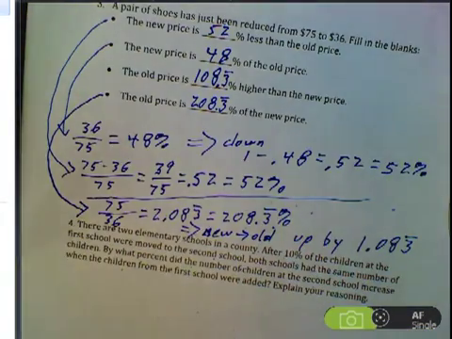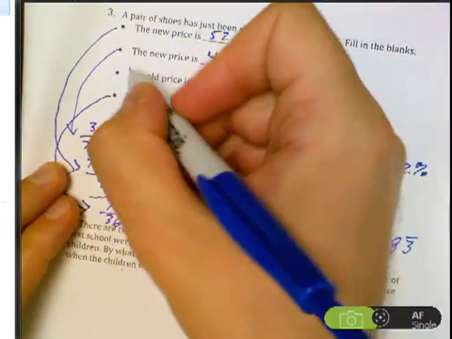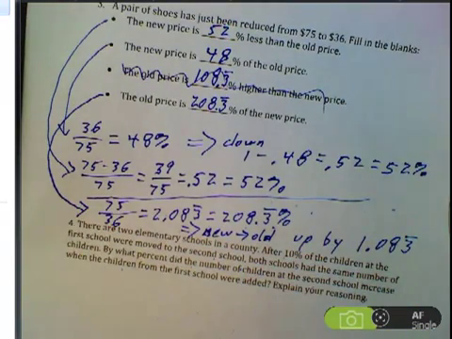Alright, I just don't like the way that's worded, so I'm going to scratch that one out because it doesn't make sense. Anywho, let's do number 4.